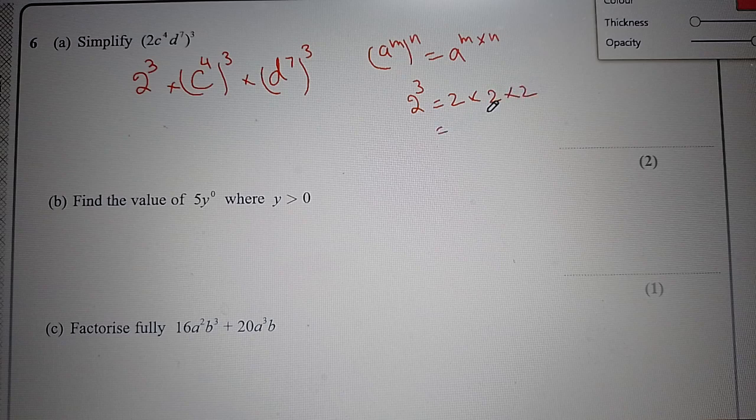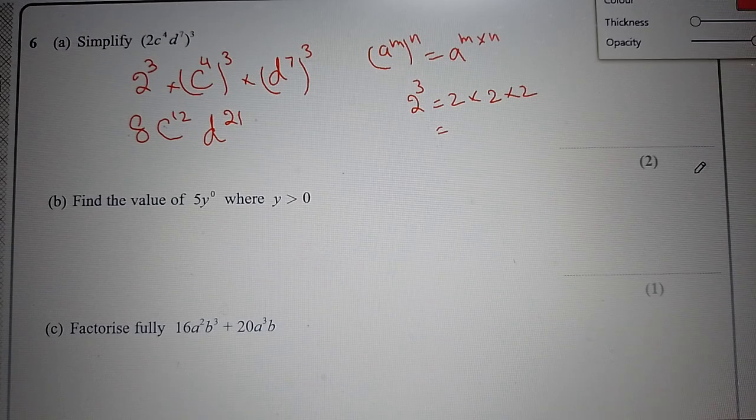So 2 times 2 is 4, and 4 times 2 is 8, right? And then we have c, 4 times 3 is 12, and then d has a power of 7 times 3. That gives us 21. So this is a 2 mark question. This is really easy to get these 2 marks, right?